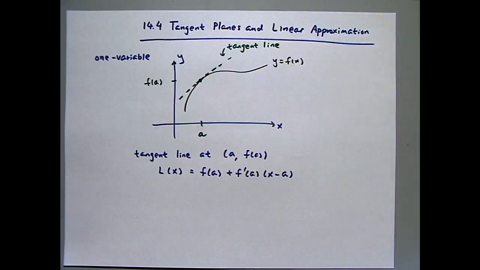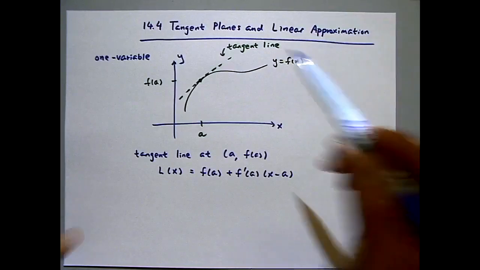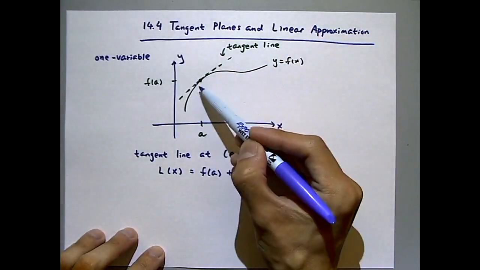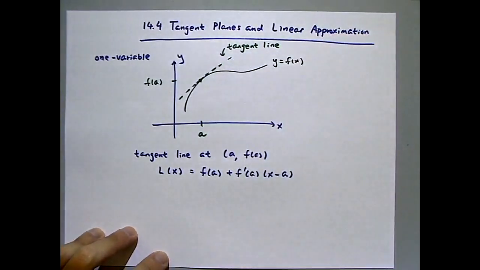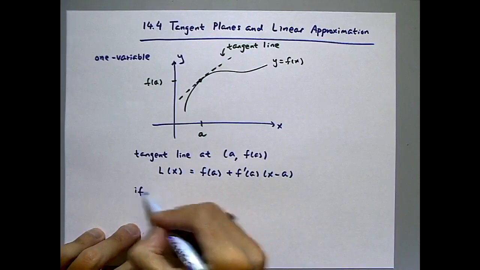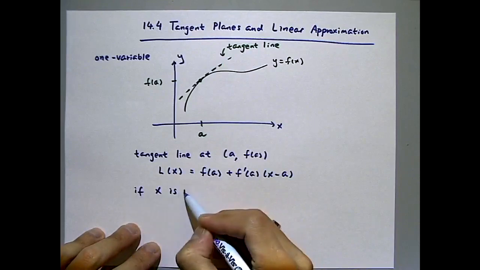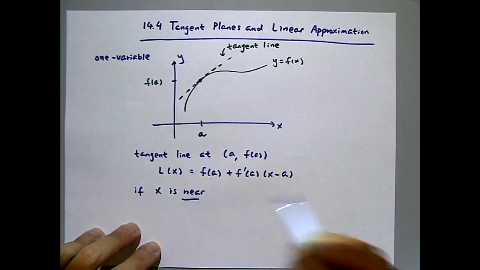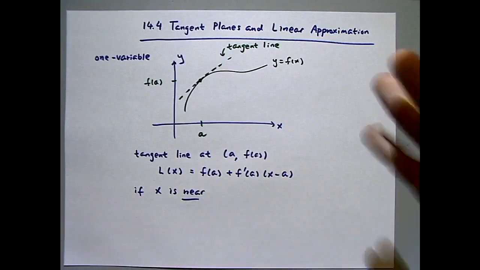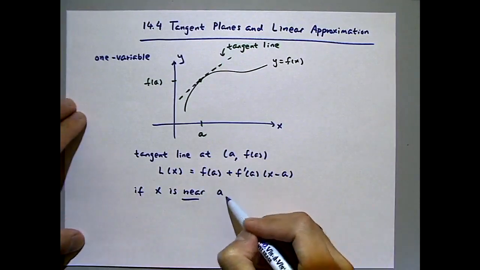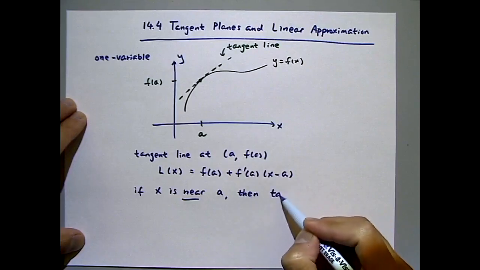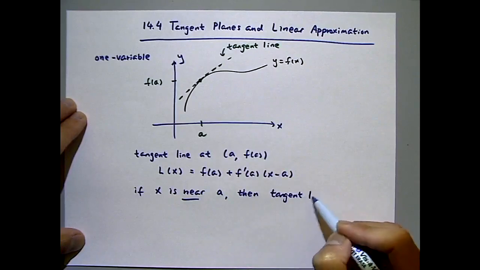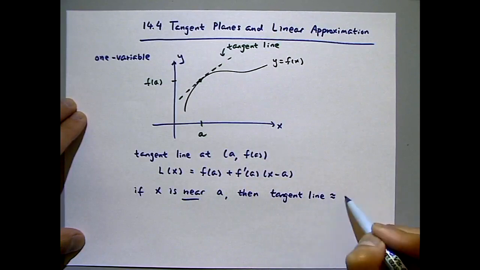Now, if you remember, linear approximation says that if you stay near this point, then the tangent line and the curve look about the same, right? If x is near a, of course, how near depends on the function, then the tangent line is roughly equal to the curve.